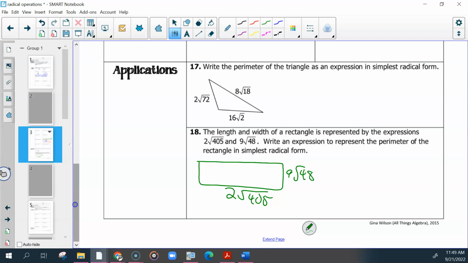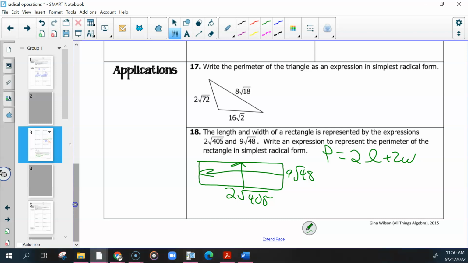But remember that a rectangle has 4 sides, not 2, and they only gave you 2. So remember that these should be there twice. So you can either add them up, this plus this plus this plus this, or remember that the perimeter of a rectangle is 2 times your length plus 2 times your width. Either or. As long as you're adding up all the sides, you're good.